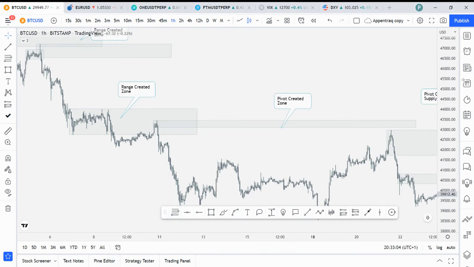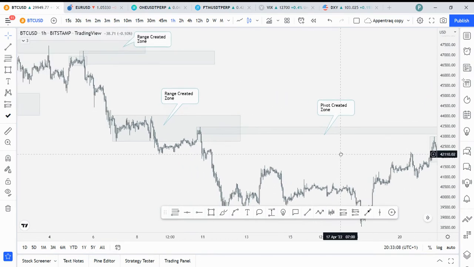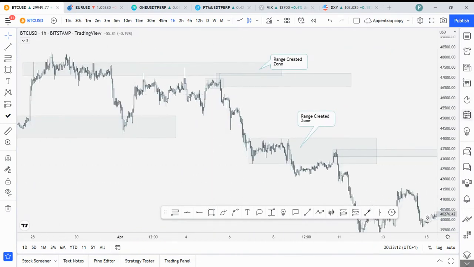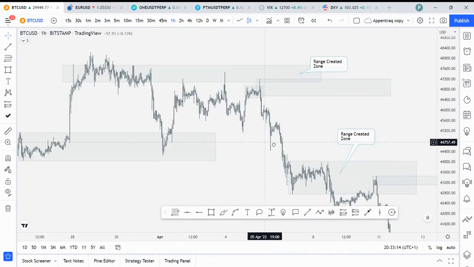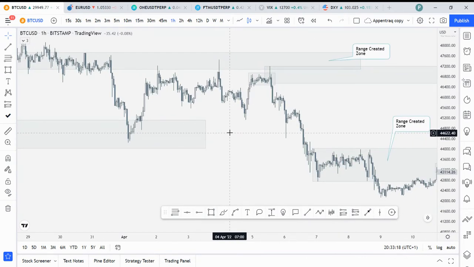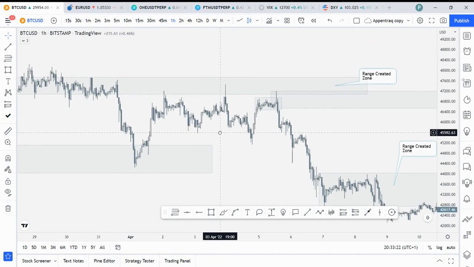And you also have candle wick refinement. Candle wick refinement is basically when you have your zone. Remember what I explained about pivot created zones. This is an example of a pivot created zone. Price shoots to the upside and then sold off aggressively.